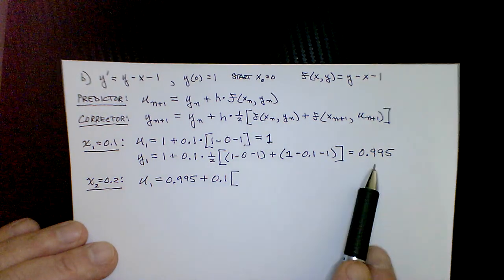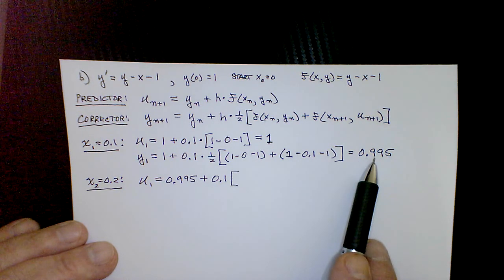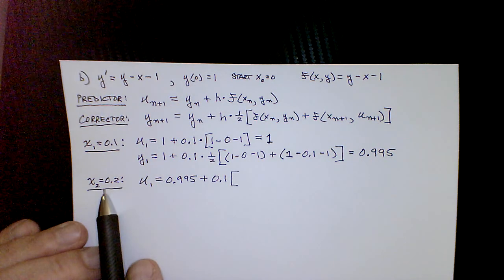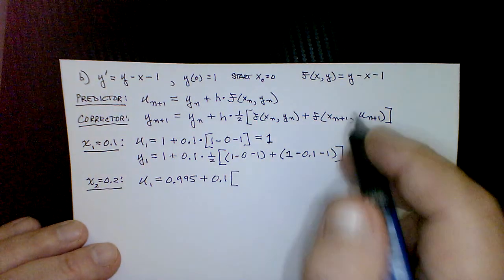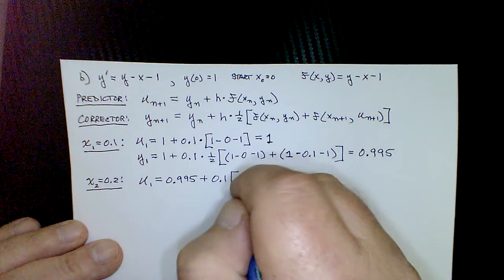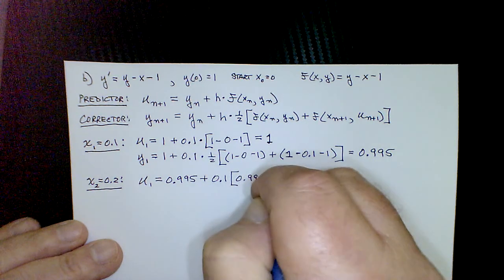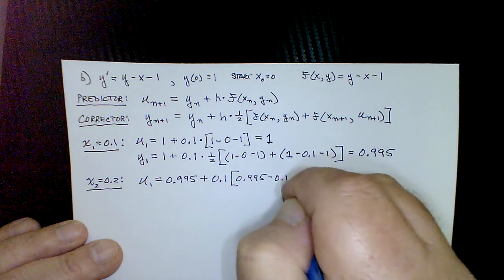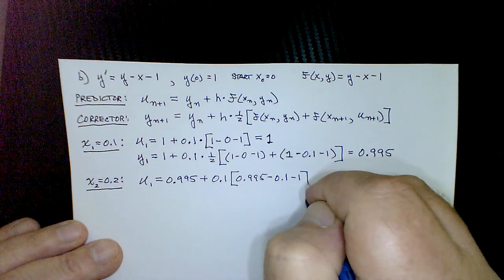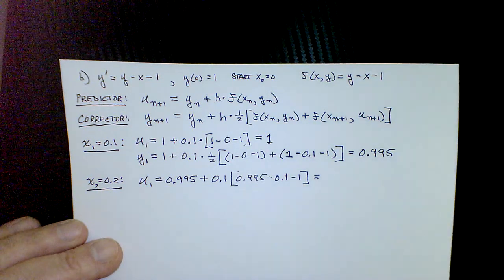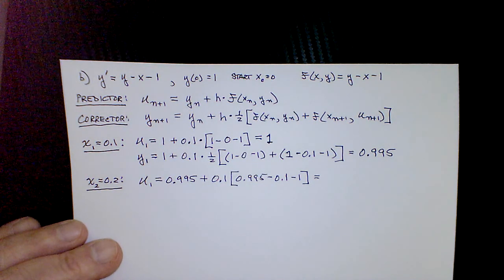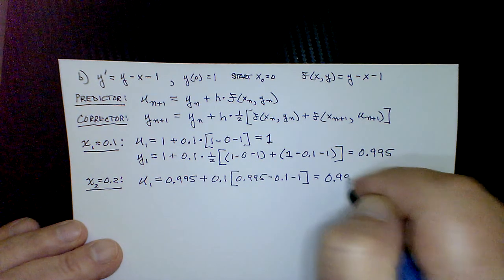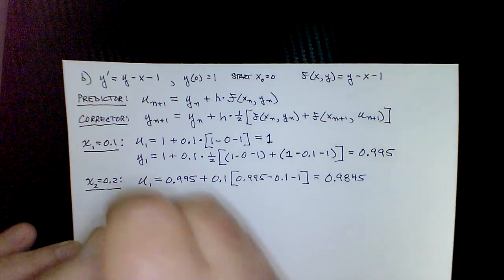So now we're using this y value and the x sub 1 value, the y1 and the x1 values, because we're at x2 now. So the formula again, y minus x minus 1, so y, 0.995 minus x, that's the previous x value of 0.1, and then minus that 1 is just part of the formula. And so when you crunch all that down, you get 0.9845.